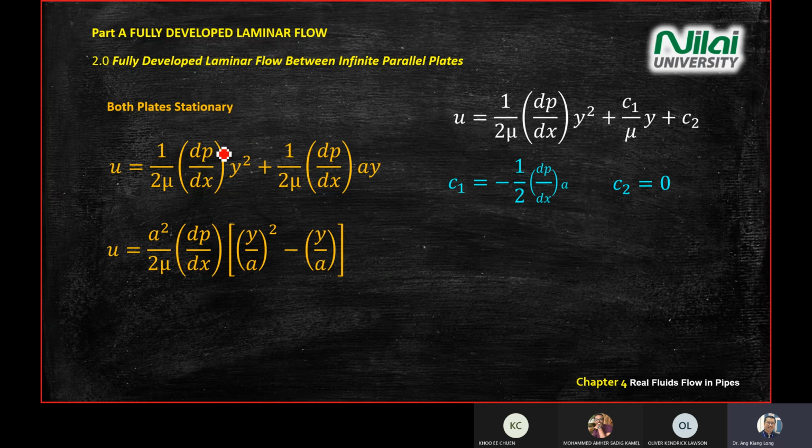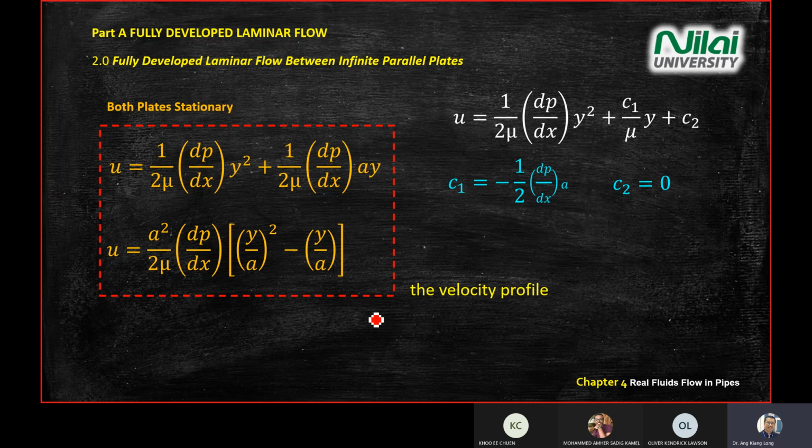You rearrange for a better analysis, meaning you put all the constant values on the left hand side with dp/dx outside, and then you write in the ratio of y divided by a. This is the velocity profile equation for both stationary plates. So this is the equation for today's lecture.